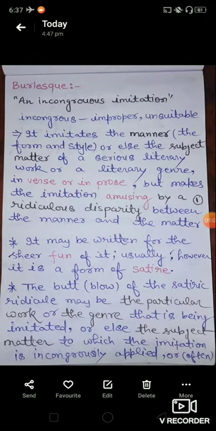For understanding incongruous, you have to know congruous. For knowing congruous, you have to know congruent. You know what congruent is? I hope you have heard about congruent triangles.